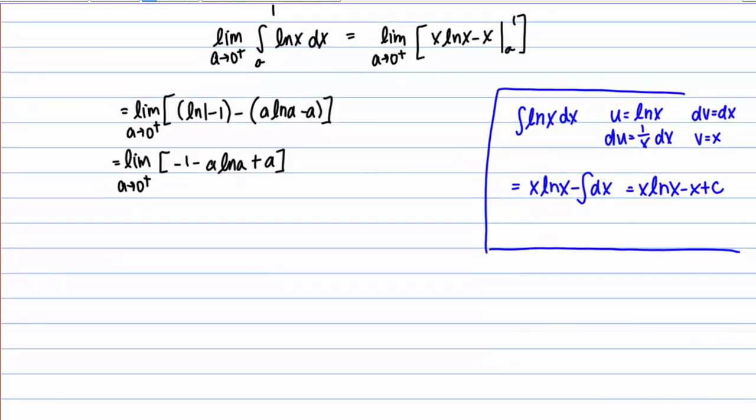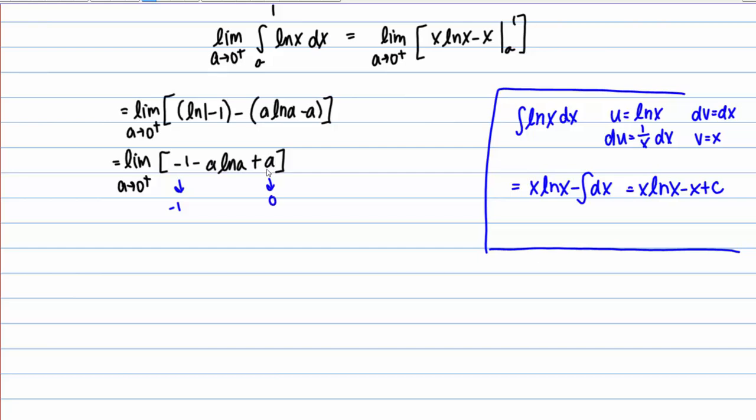And now I'm ready to think about evaluating this limit. We can think about this expression term by term. Some terms are going to be easy and some more challenging. This negative 1 here, the limit of a constant is just a constant, so that term's just approaching negative 1. And this a term is also pretty simple: the limit as a goes to 0 from the right of a is just 0.